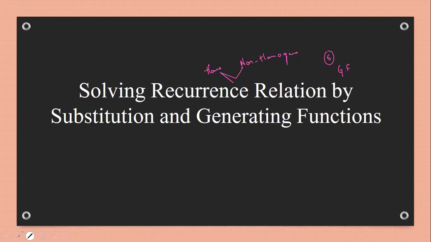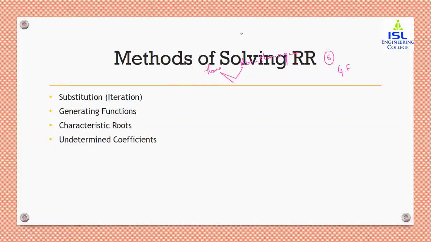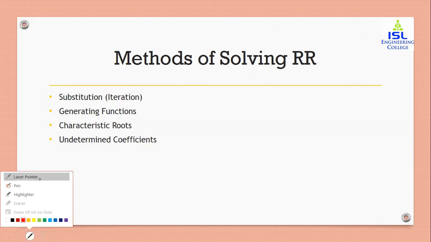First, to summarize, we will see all the various methods we have seen by now. The methods of solving recurrence relations are totally 4 methods, out of which we have seen the first 3.